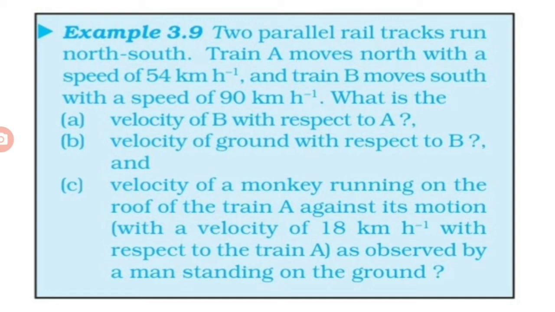Train A is moving towards north with a speed 54 km per hour and train B is moving south with a speed of 90 km per hour. So if we take the north direction as positive, towards the south we need to take as negative.